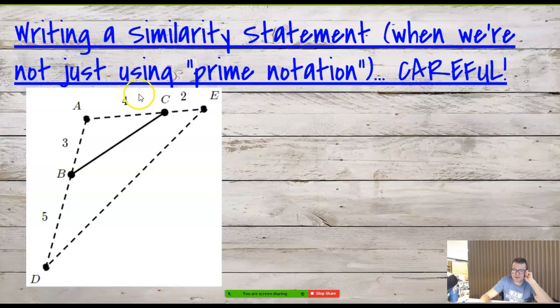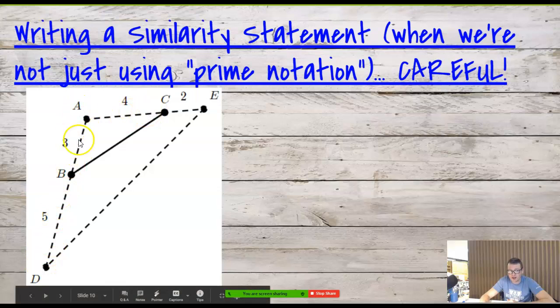What I need you guys to be able to do is recognize this without me saying "careful" in all capital letters. Katie Ann, you're absolutely right, this is not lining up. If your eyes did not catch it immediately, this is the longer side of the legs that were given, and this is the longer side of the legs that were given.